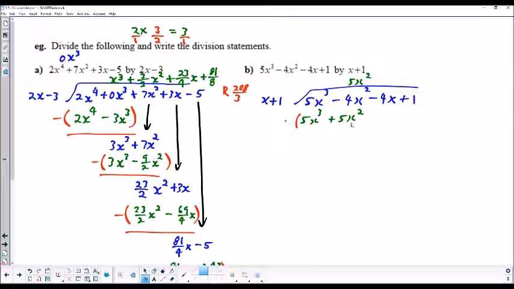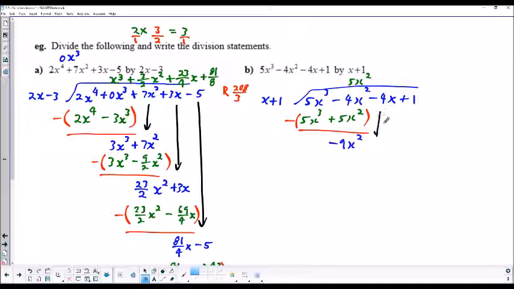I subtract this. 5x cubed minus 5x cubed is 0. Negative 4x squared minus 5x squared is going to be negative, whoops, let's go blue, negative 9x squared.